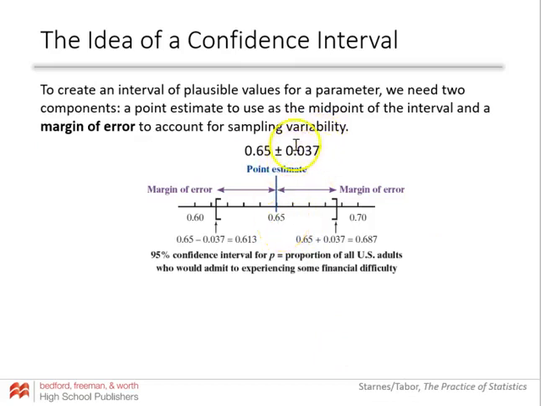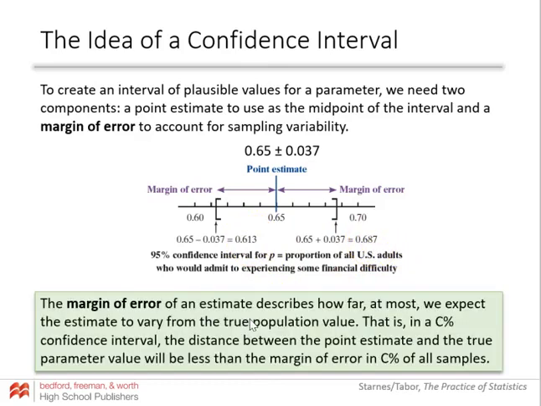The margin of error is 0.037, and we'll talk later in the chapter about how to actually calculate that. I'm going to take my point estimate, 0.65, subtract 0.037, and add 0.037. So my confidence interval here would be 0.613 to 0.687. That is my range of plausible values.